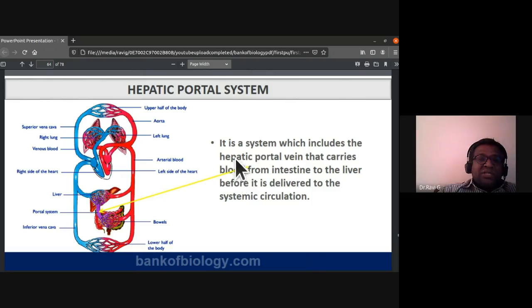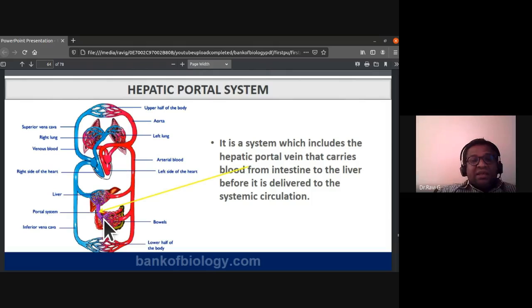So the hepatic portal system is a system which includes the hepatic portal vein.